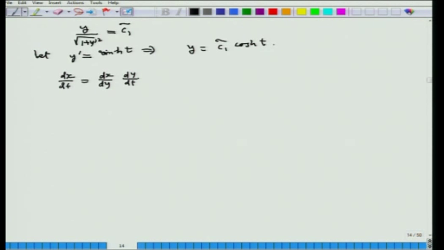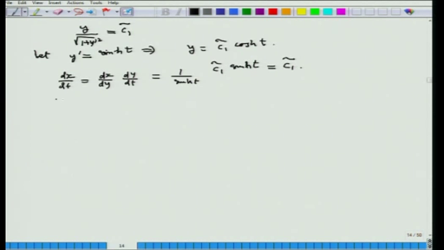So, this dx by dt comes out to be 1 over sine hyperbolic t, and dy by dt is, because y is this, C1 tilde sine hyperbolic t, and so you get only C1 tilde.